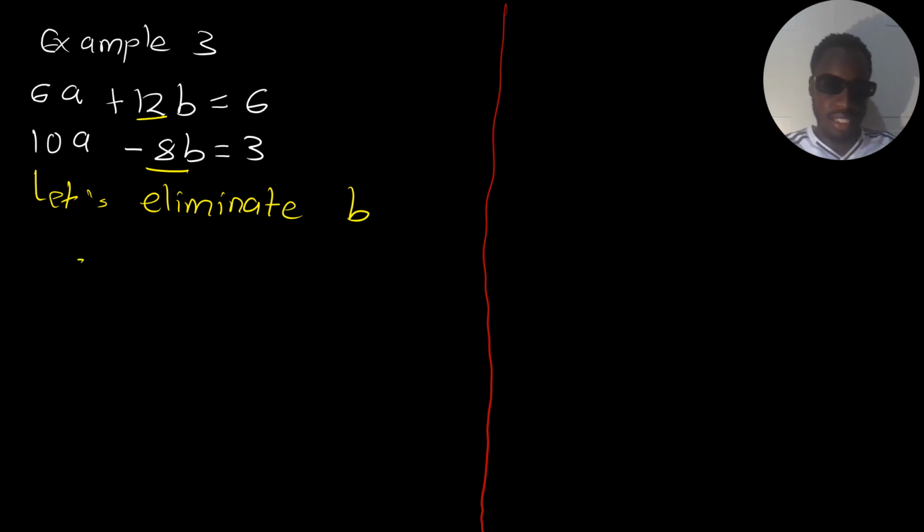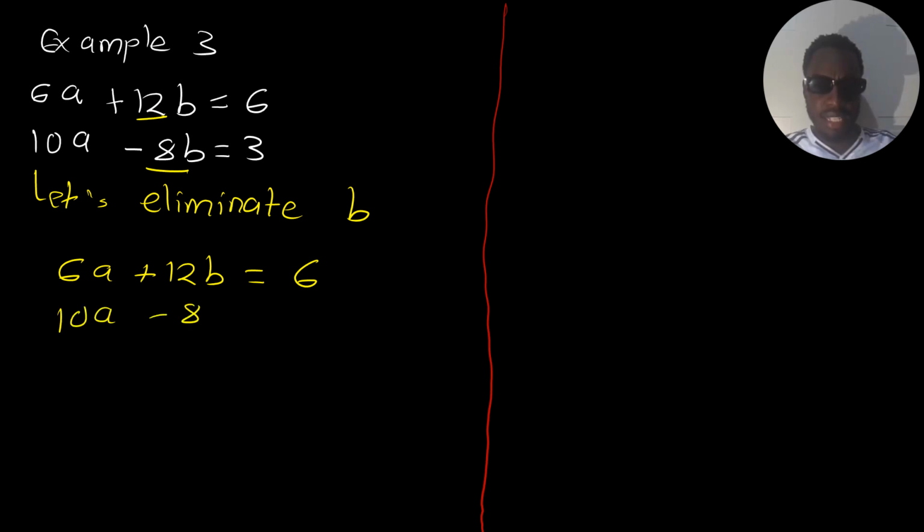So that is 6a plus 12b, which is equal to 12. Then 10a minus 8b is equal to 3.